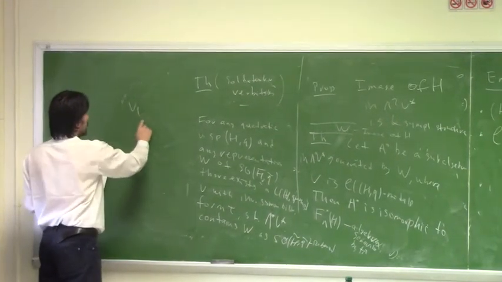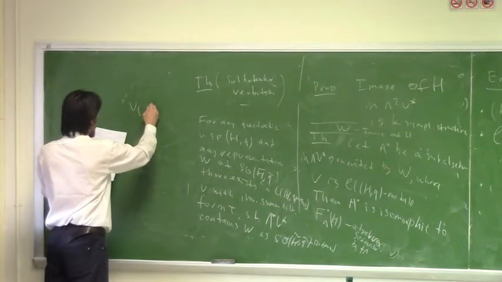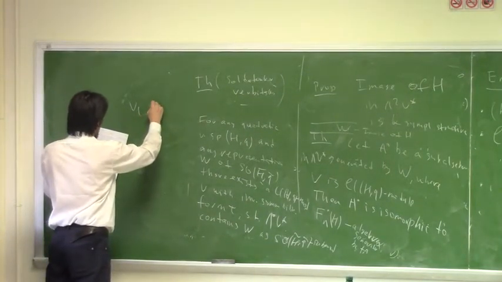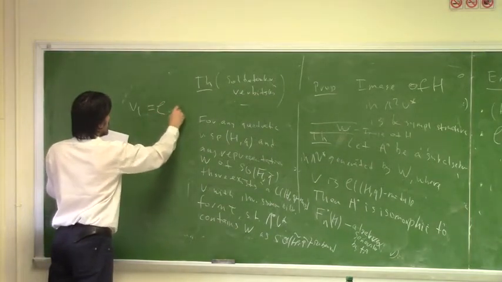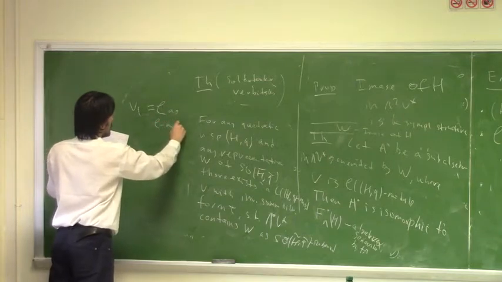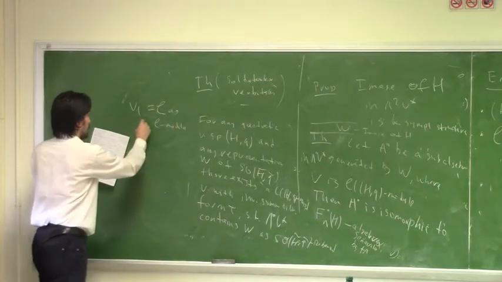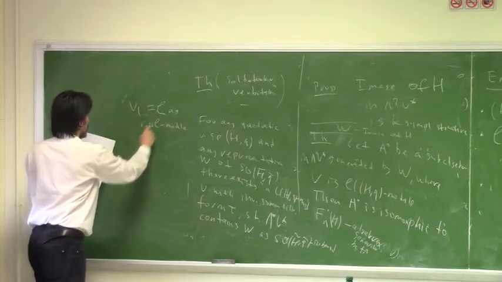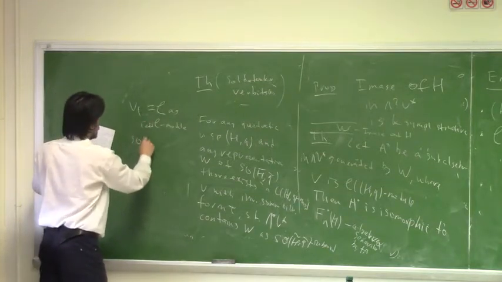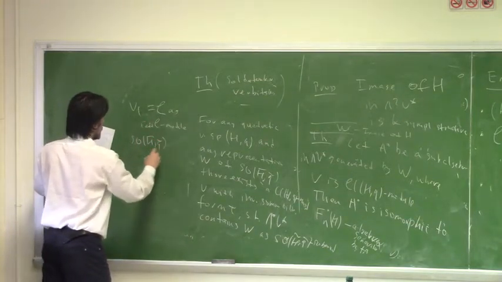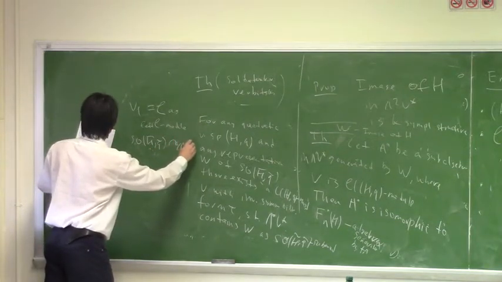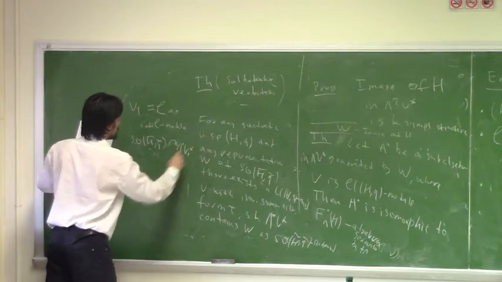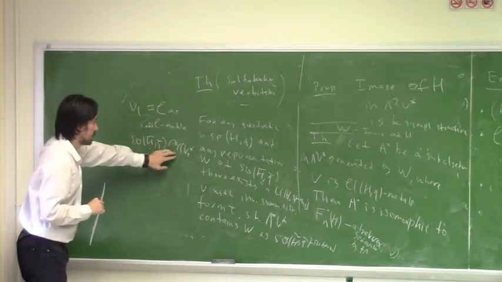So, first of all, consider V1, the Clifford algebra as a left Clifford module of itself. When we have the action of SO(H tilde, Q tilde) on lambda body V1 star, you need to check it.